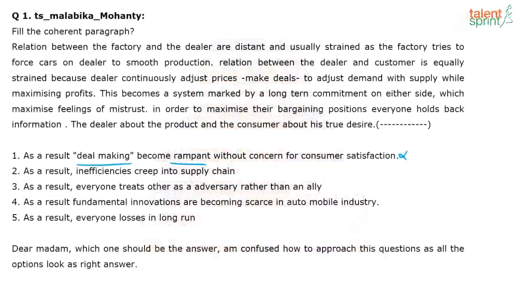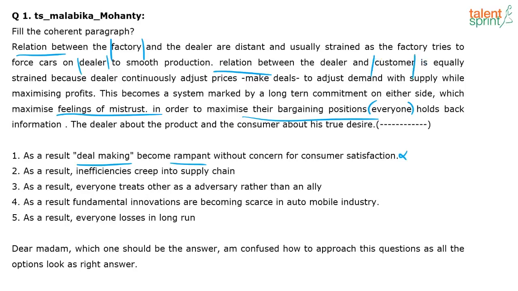Look at this. Everywhere you see the relation between the dealer and the customer, right? Feelings of mistrust. They are trying to maximize their own positions. The focus is on subject 1, factory, subject 2, dealer, subject 3, consumer or customer, right?